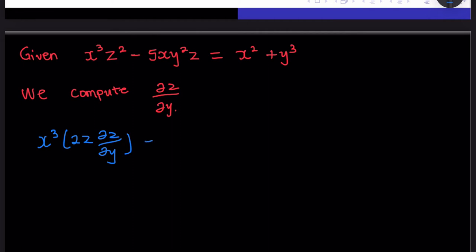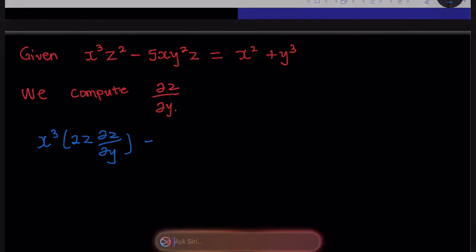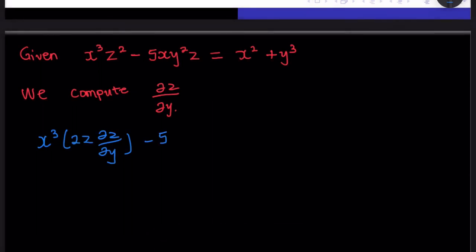Then minus, so here we can now factorize 5x out. Then it will be left with y squared z. So we now differentiate y squared z using the product rule and the implicit differentiation.